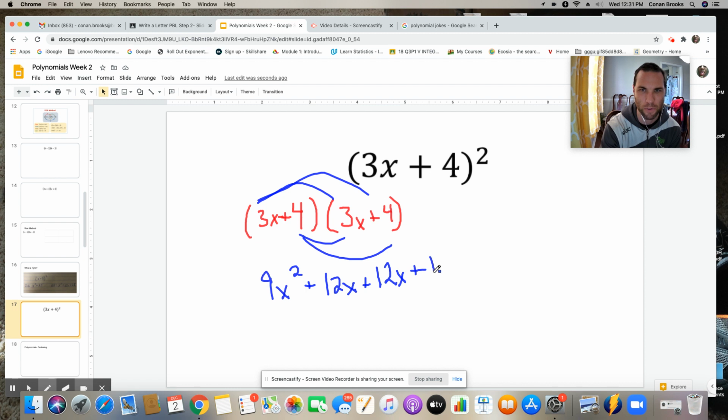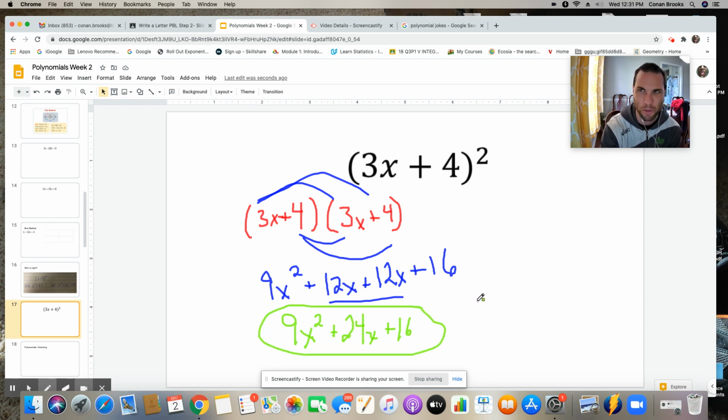And 4 times 4 is 16. Here are our like terms right here. And so you have 9x squared plus 24x plus 16. And we do indeed follow the pattern of getting a trinomial when we multiply two binomials.